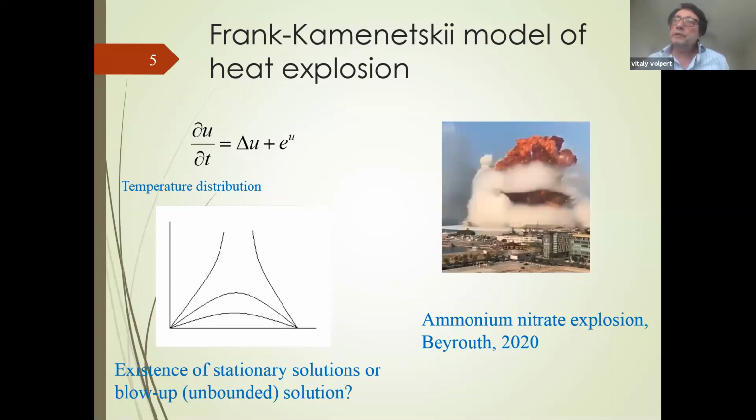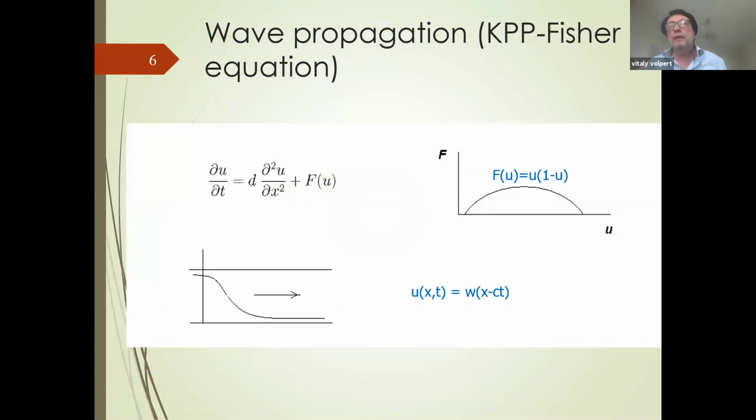And of course, this theory was developed almost 100 years ago, but of course, we know many examples. It remains very important now. Well, another important application and the origin of the theory was related to this KPP-Fisher equation, as it is called now. Again, this is this semilinear parabolic equation, reaction diffusion equation. This time, we look for solutions like u of x and t equal w of x minus ct.